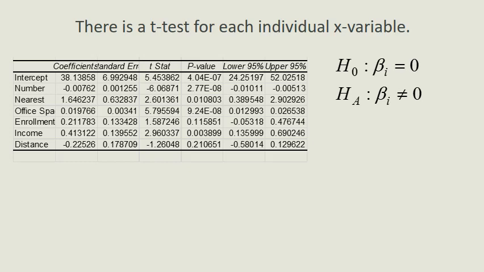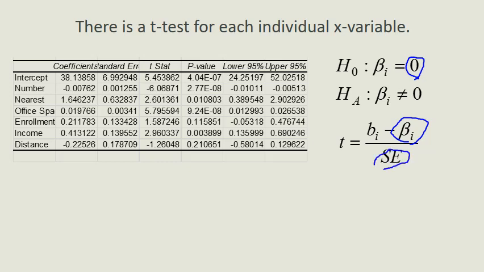And if we reject, then that variable is significantly related to y. The form of the t-test is just like in simple linear regression. We take the best fit slope and subtract the true slope, which is assumed to be 0, and then divide by the standard error.